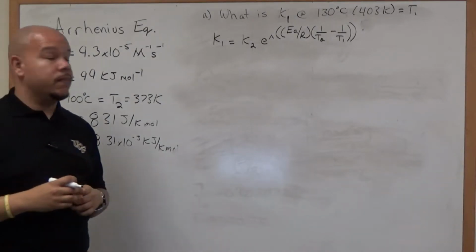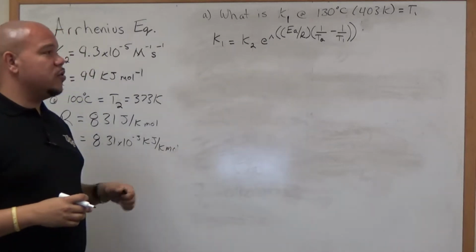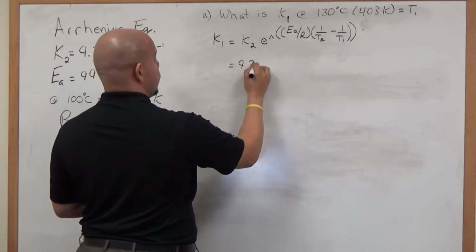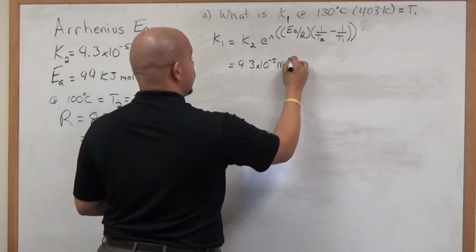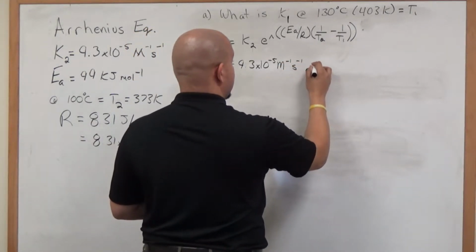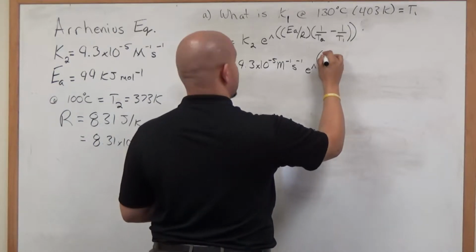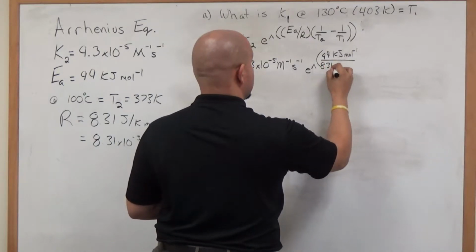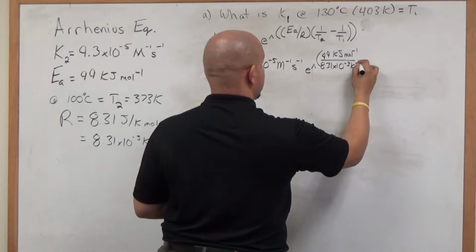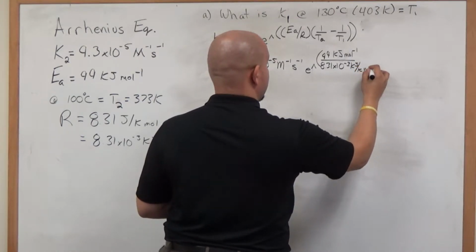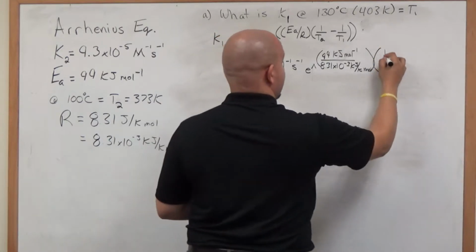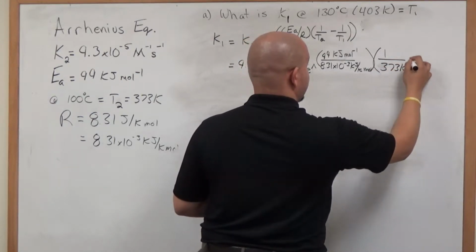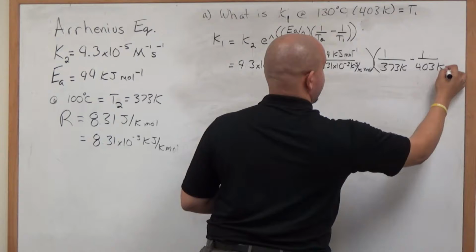So if we plug all of these values in, we end up with 9.3 times 10 to the negative 5 molar seconds, e raised to the activation energy 99 kilojoules per mole, all over 8.31 times 10 to the negative 3 kilojoules per Kelvin mole, multiplied by 1 over 373 Kelvin minus 1 over 403 Kelvin.